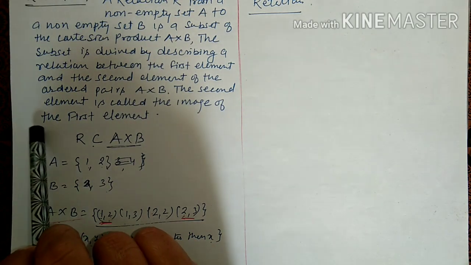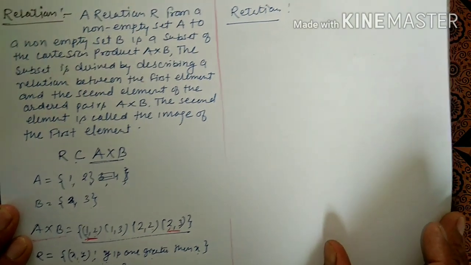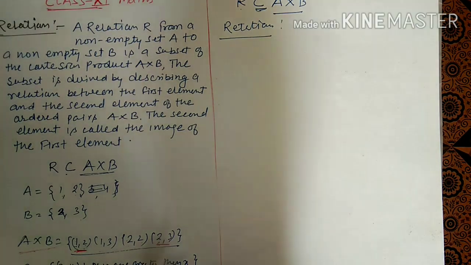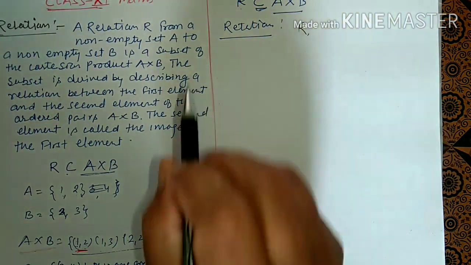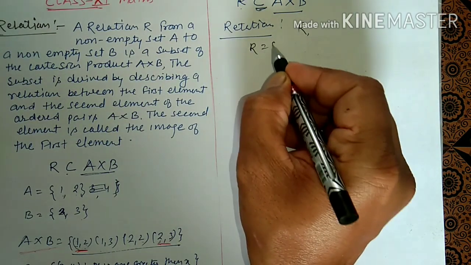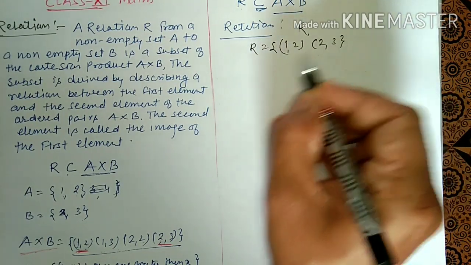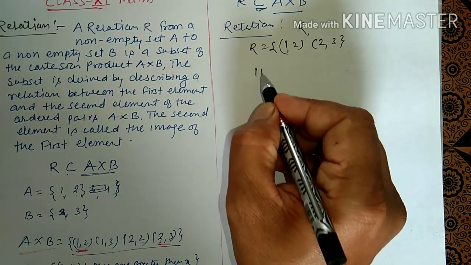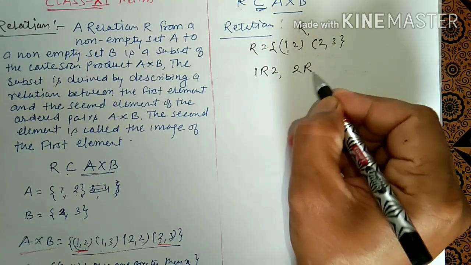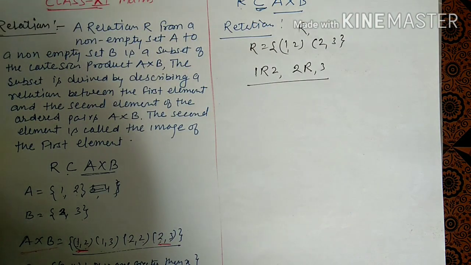Meaning the first element will be related to the second element by one particular relation. Clear? Okay, so we denote it by capital R. Suppose we are given R = {(1,2), (2,3)}. So we can also write it as first is related to second, and second is related to third. This is the relation. Clear?